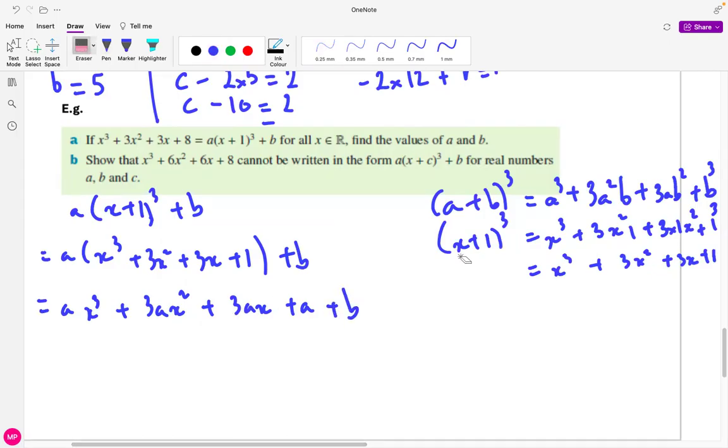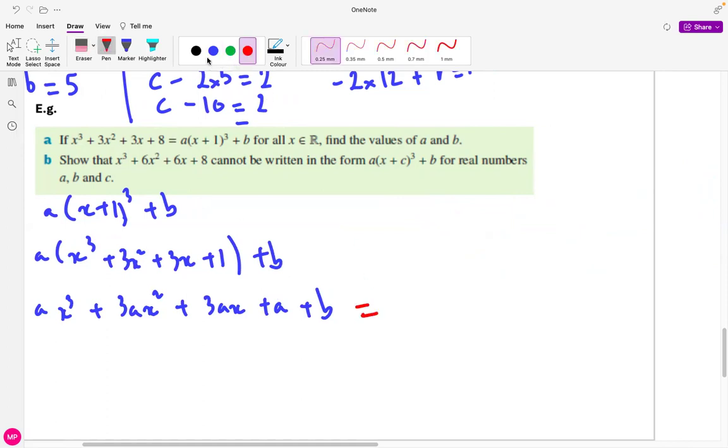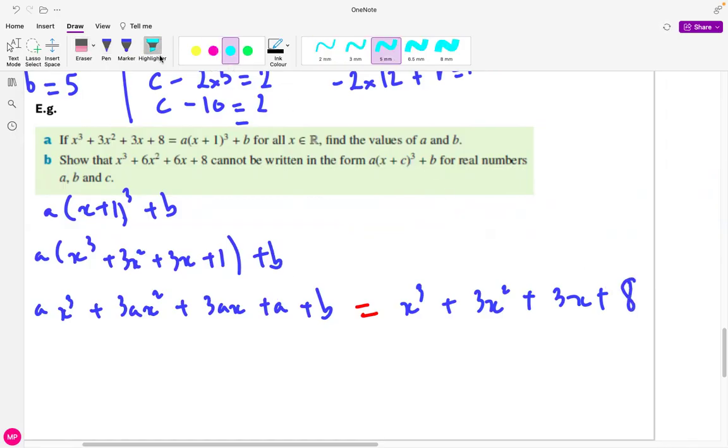Now you equate them. I would have that has to be equal to this: x cubed plus 3x squared plus 3x plus 3 plus a, sorry. So you can see ax cubed has to be equal to x cubed.